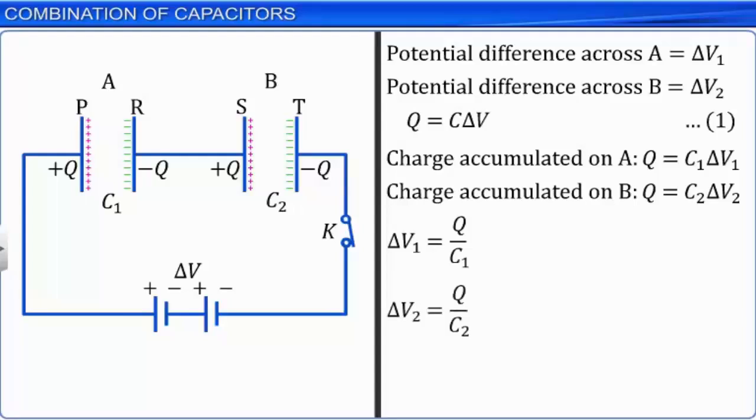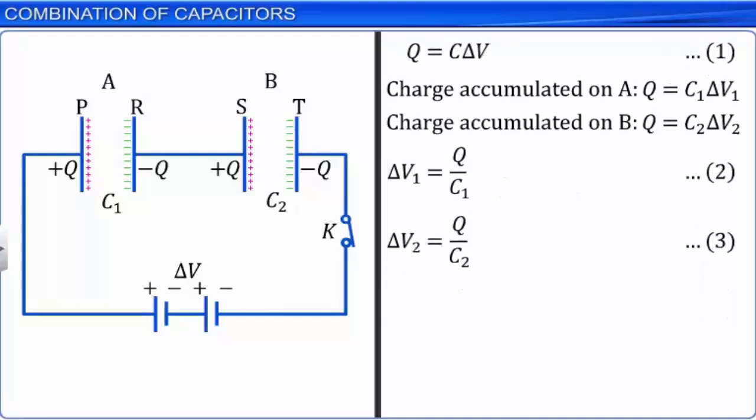In general, the total potential difference across any number of capacitors connected in series is the sum of the potential differences across the individual capacitors. Hence, the total potential difference offered by the battery, delta V, is equal to delta V1 plus delta V2.